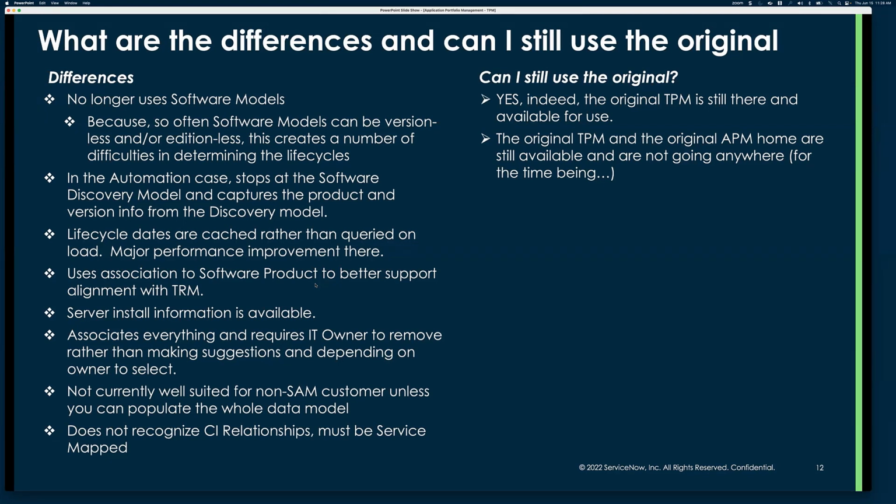What we found from the customers we work with is it is preferable to grab everything and then let that SME or the IT owner go in and remove the things that don't belong. That way, it's better to have a list that has everything and too much than a list that has nothing. That was the basis of that decision.